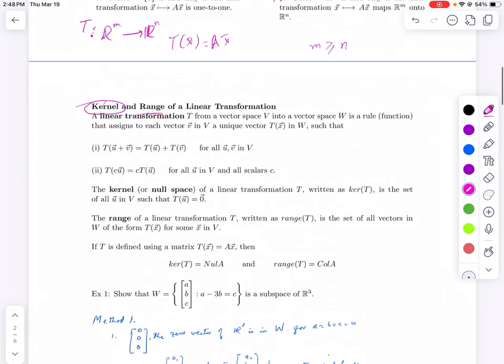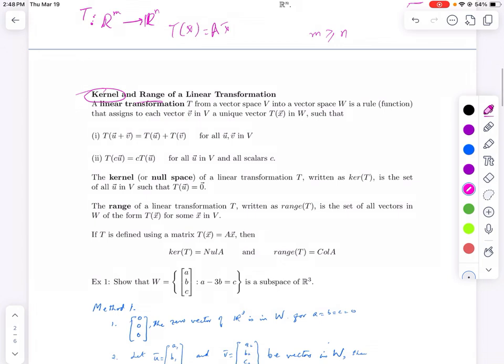The kernel, or null space. Kernel is the same as the null space. The word kernel is used with transformations, whereas null space can be for any vector space or subspace.